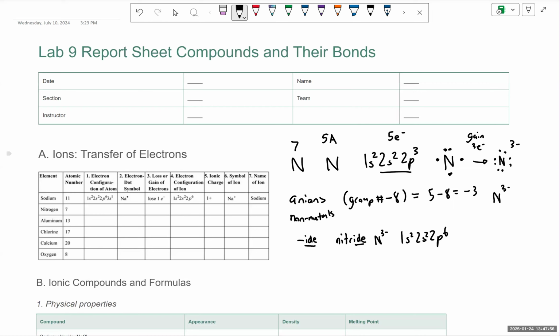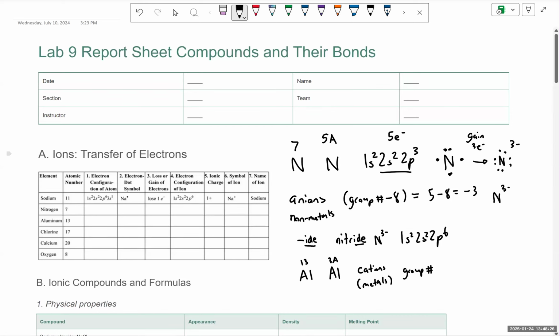Now, one thing to keep in mind, I just want to provide a brief comment on aluminum. So aluminum, atomic number 13, is a 3A element. For cations, which are formed from metals, the preferred charge is the group number.